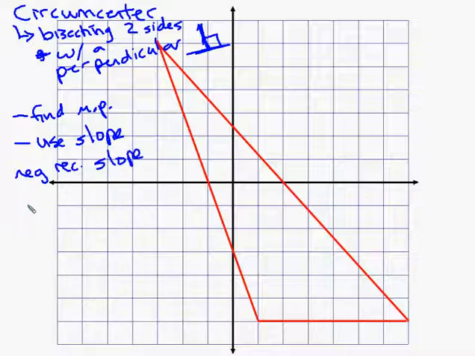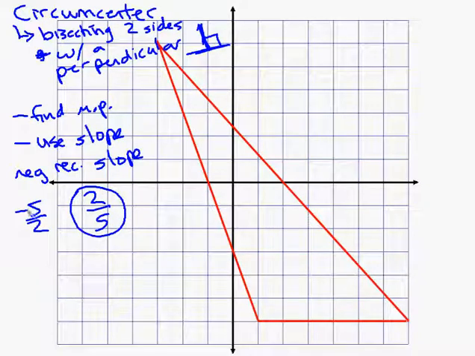So if the slope of the line that I'm bisecting is, say, -5/2, as I read left to right, a mistake that's very common is to go backwards. We read left to right. But if this is the slope of the side I'm bisecting, then this is the slope that I'm going to want to use for the perpendicular. I flip it and switch the sign. And if it were 1/3, I would flip it and change the sign.